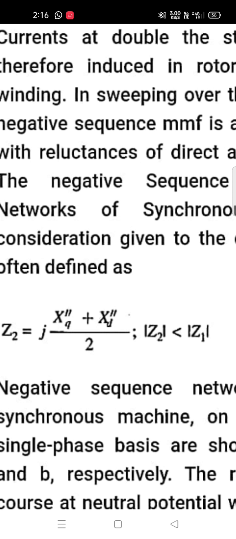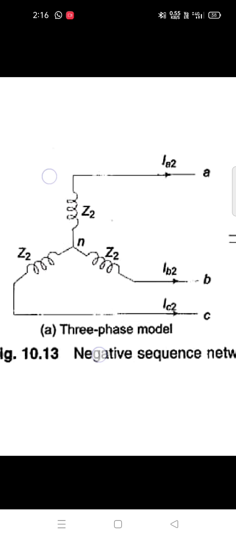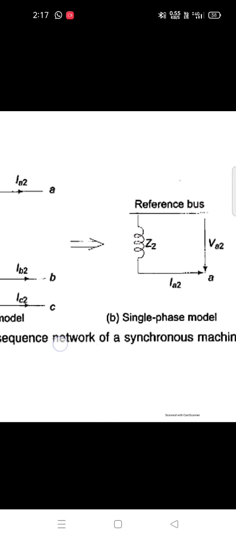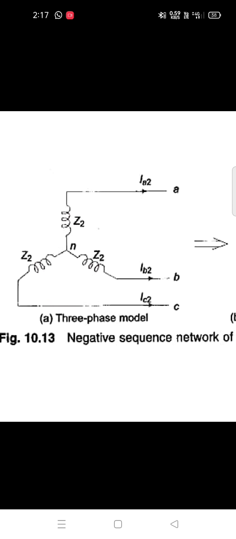The negative sequence network model of a synchronous machine on a 3-phase basis is shown in this figure, and the single phase network is shown here in figure B. The reference bus is of course at neutral potential, which is the same as ground potential. Here the negative sequence voltage of a terminal with respect to the reference bus is, we can say, there is no EMF included.